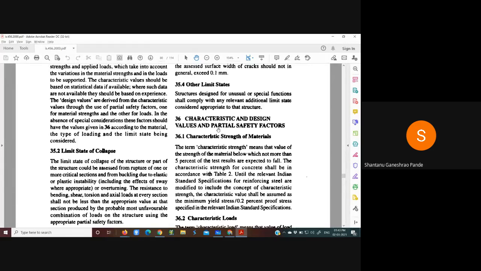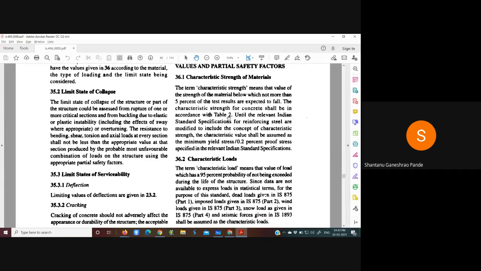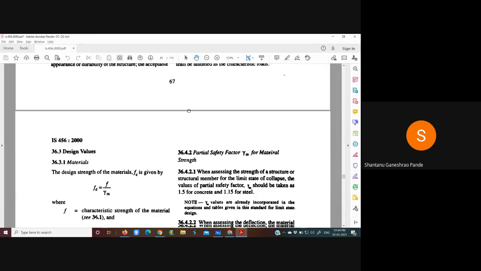Then next, characteristic and design values and partial safety factor. There may be questions based on characteristic strength and characteristic load. I have already talked about this in initial discussions, so I will just remind you that there may be questions based on these two clauses, 36.1 and 36.2.